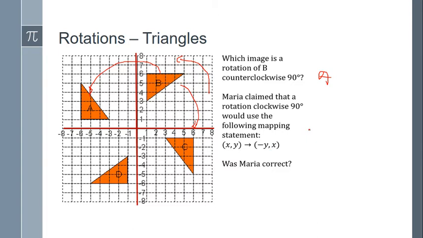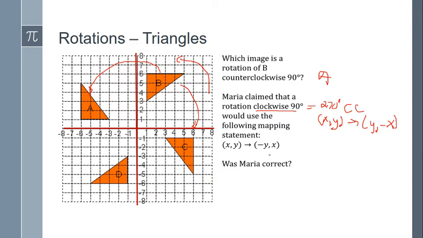Another way to look at it is to know that a 90-degree clockwise rotation is equal to a 270-degree counterclockwise rotation. So I'll put CC for counterclockwise. And we already know the mapping statement for that. We know that (x, y) should be mapped to (y, -x).